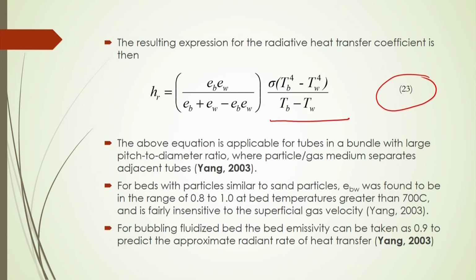For beds with particles similar to sand particles, E b will be found to be in the range of 0.8 to 1.0 at bed temperatures greater than 700 degrees centigrade, and this will be fairly insensitive to the superficial gas velocity, as stated by Young 2003. For a bubbling fluidized bed, the bed emissivity can be taken as 0.9 to predict the approximate radiant rate of heat transfer.